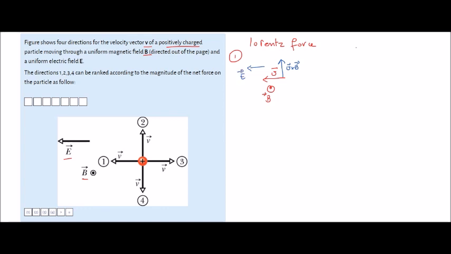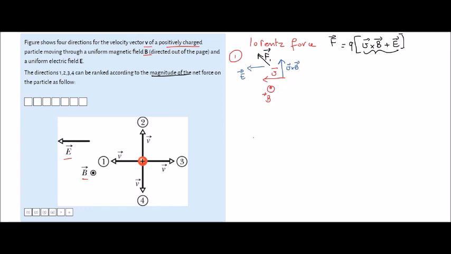But what is, by the way, the Lorentz force? That's the charge Q times V cross B plus E. So I need the magnitude of this vector. So V cross B plus E, you will get something like this. That's the force, F1.